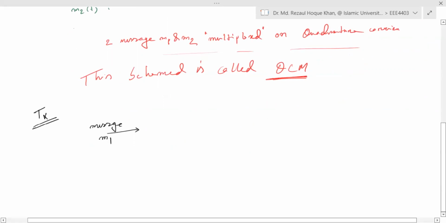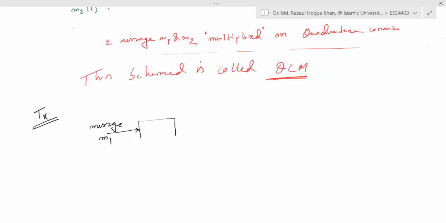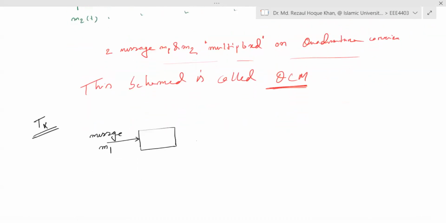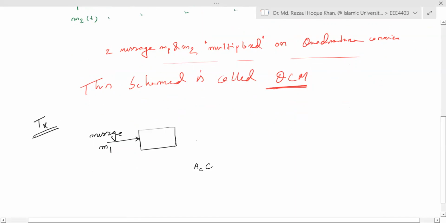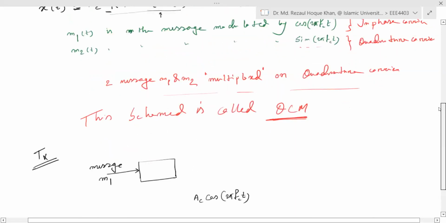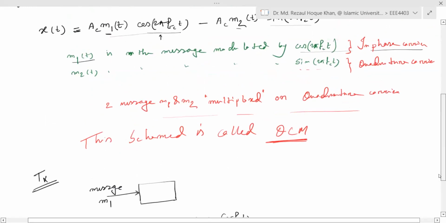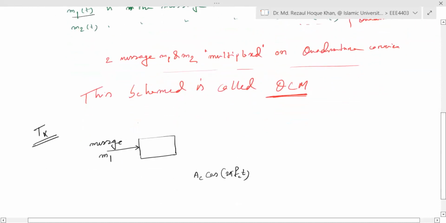This message will be multiplied by the in phase modulator, which is Ac cos 2 pi fc t, the in phase carrier. The in phase carrier will modulate the message M1. When it modulates, we call it a product modulator.